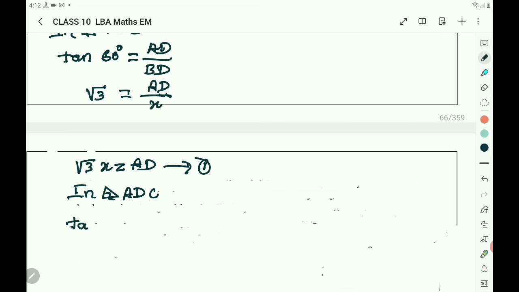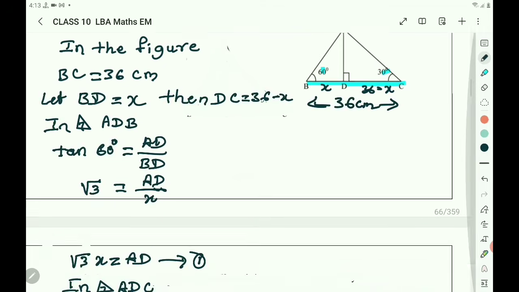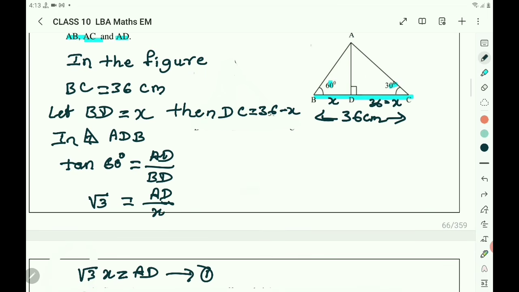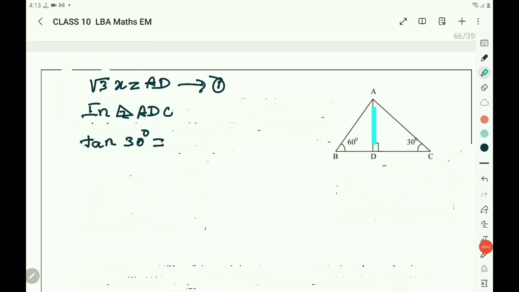Tan 30 degree equals opposite side AD by adjacent side DC. The value of tan 30 is 1 by root 3, equals AD, you write AD only, by DC.